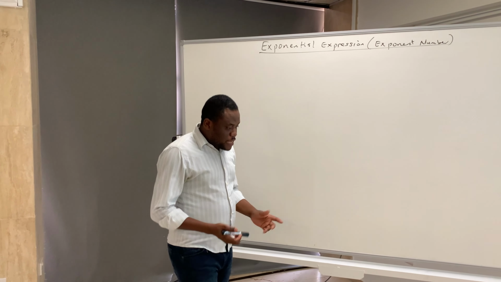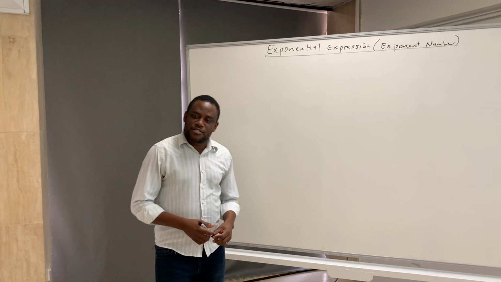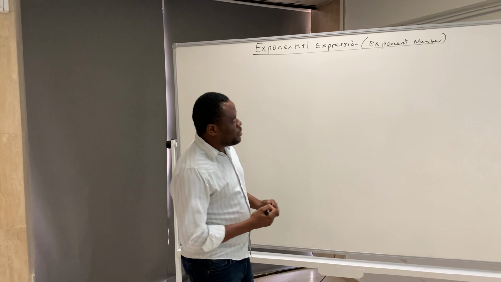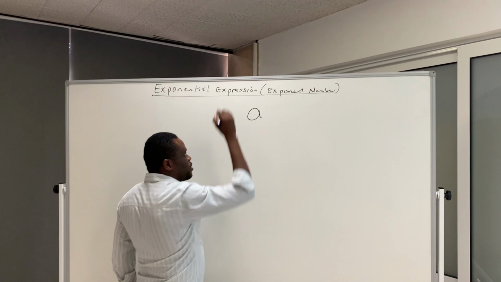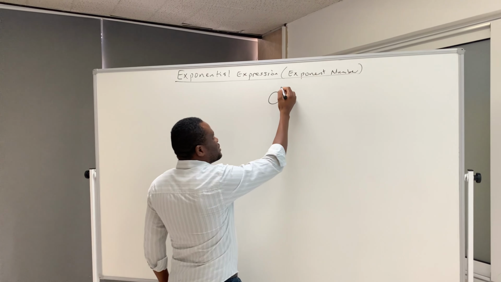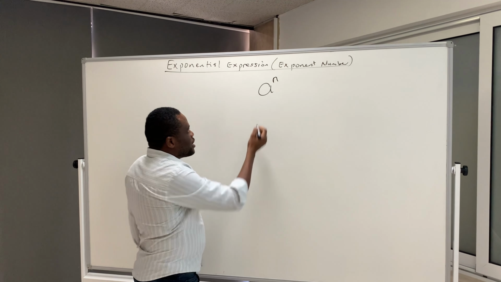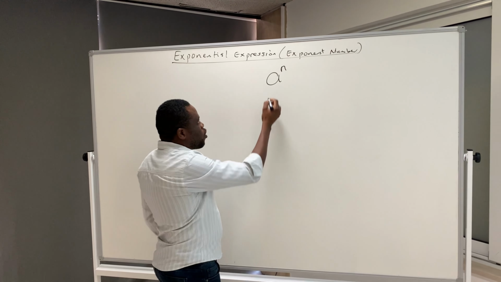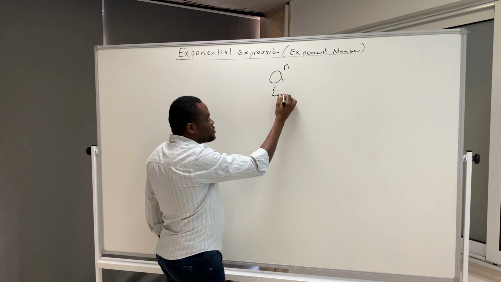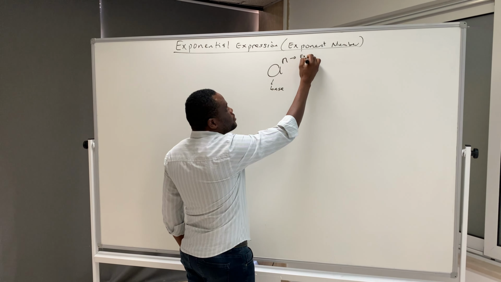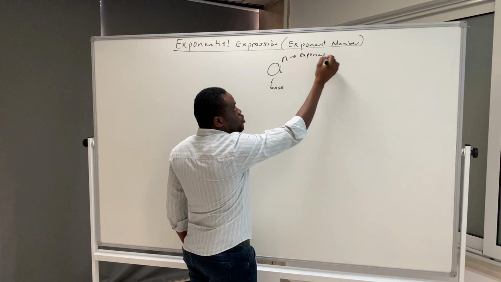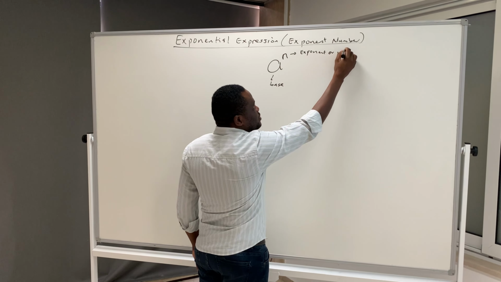Good. Now the question is, what are exponents? I told you we know it before. Let me show you, we will see that you know it before. Let's say you have a number that is raised to some power. This number here is called the base, and this is called the exponent. Some people call it index.